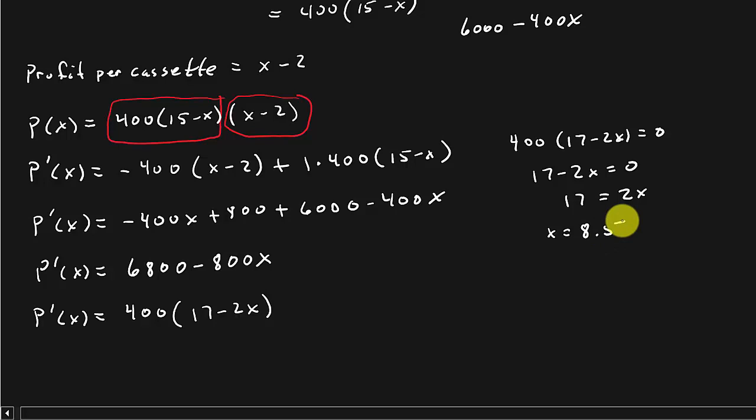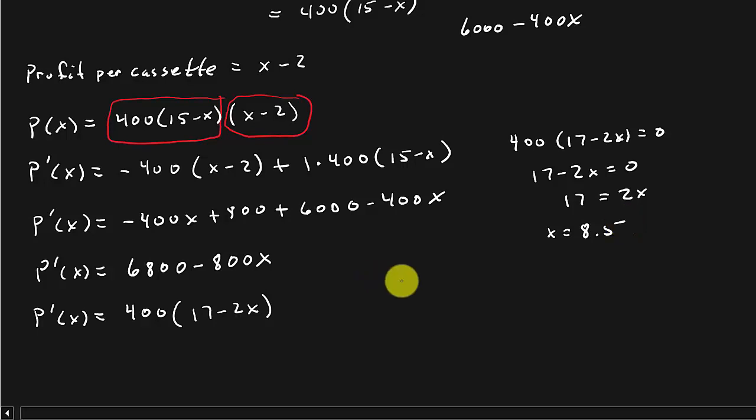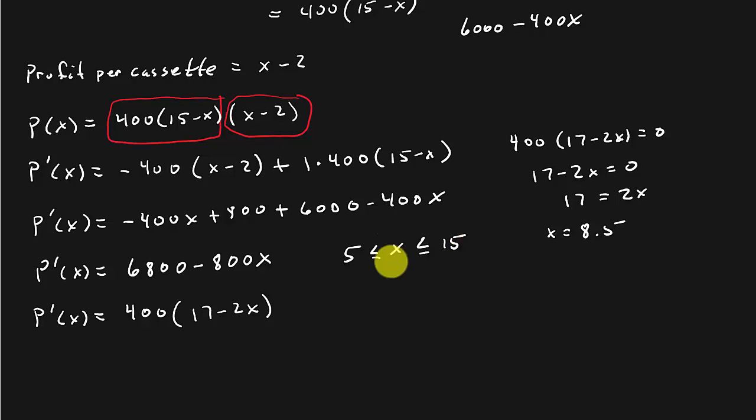All right. Now, we've got it. We're going to test the x at 8.5 to see if that's going to give us our maximum profit. But remember, if you look at this, x is between 5 and what? 15. Okay, so how do we know that?